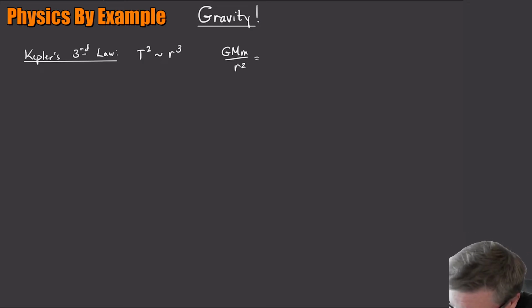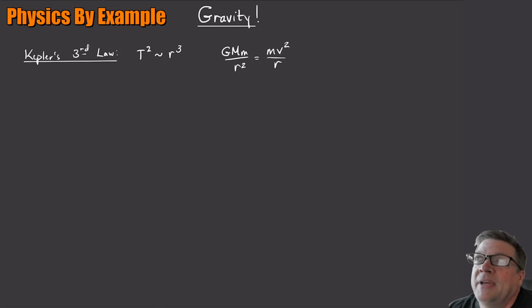And so that's going to be equal to m times v squared over r. And generally, the force of gravity is in the same direction towards the center, the direction of the centripetal force. So they both have the same sign. Okay, well, the mass of the orbiting body, the satellite, doesn't matter, it cancels out.